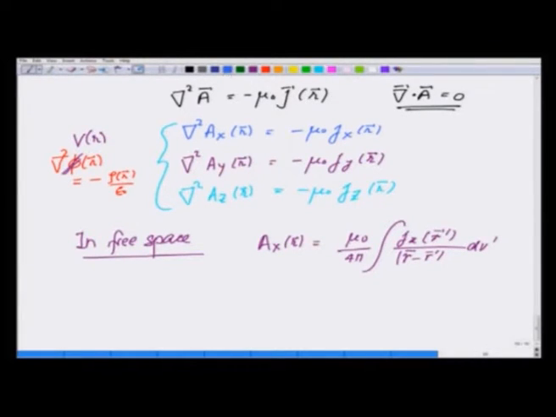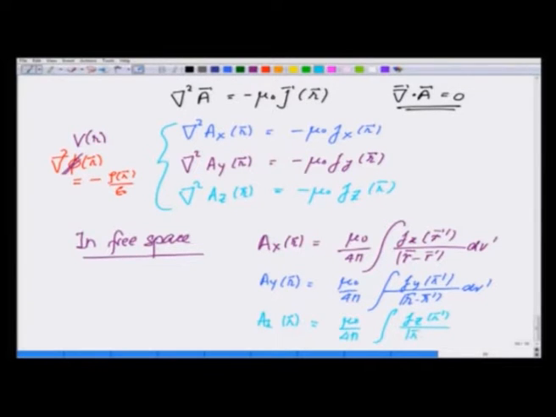Similarly, A_y at r is going to be mu naught over 4 pi integral J_y at r prime over |r minus r prime| dv prime, and a similar equation for A_z at r is equal to mu naught over 4 pi integral J_z(r prime) over |r minus r prime| dv prime.